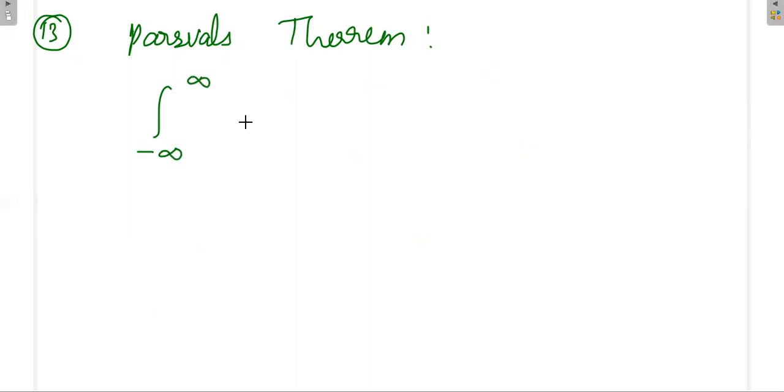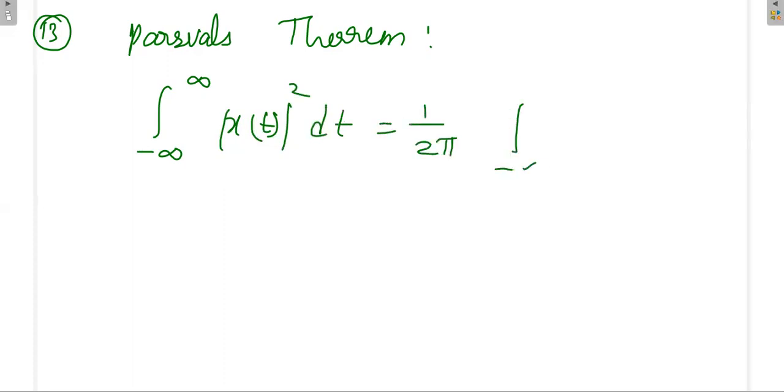Parseval's theorem: integral from minus infinity to plus infinity of mod x of t whole square dt is equal to 1 by 2 pi integral from minus infinity to plus infinity of mod X of omega whole square d omega.